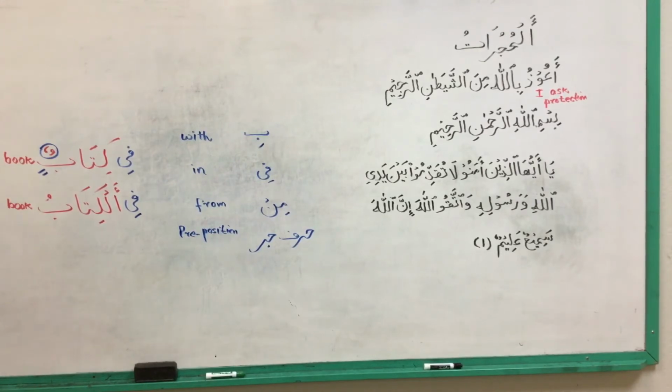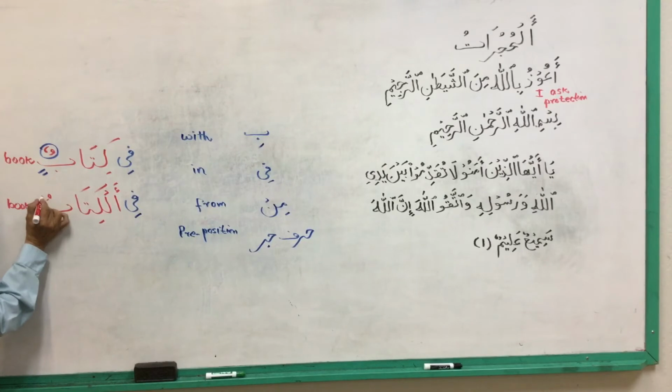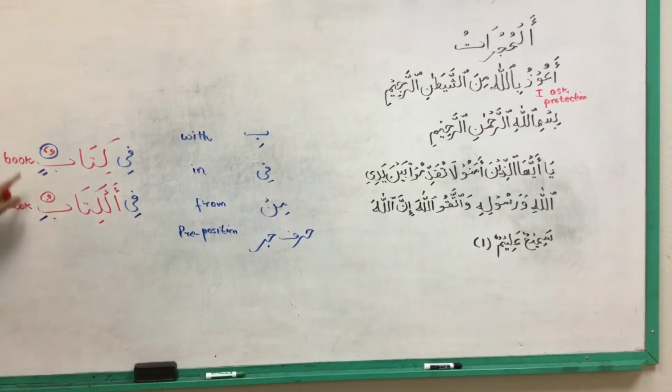It will go all the way to the end, see the dhamma, and say this last letter has a dhamma, I'm going to change this to a kasra. Because if there were two dhammas, it changed to two kasras. If there is one dhamma, it changes to one kasra.